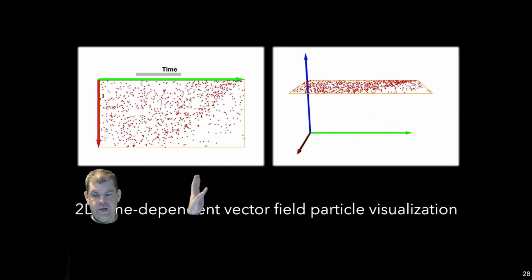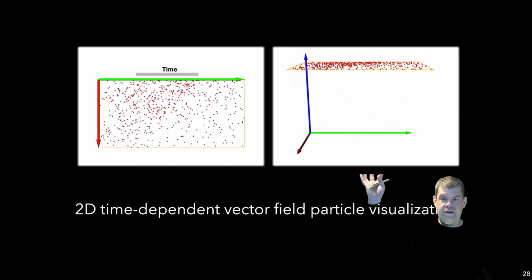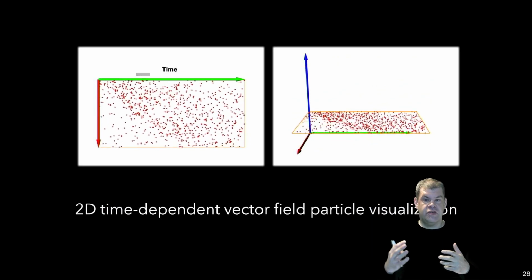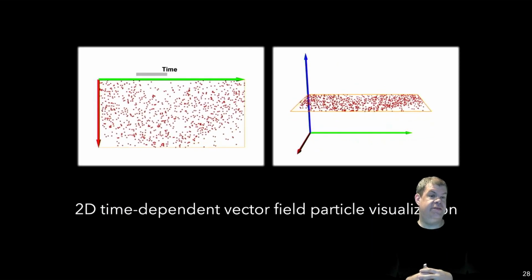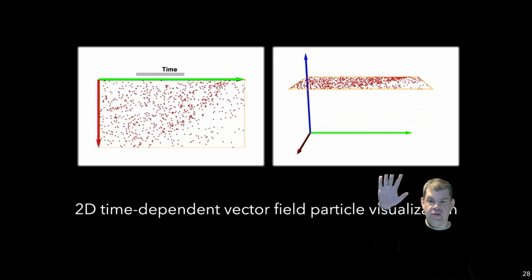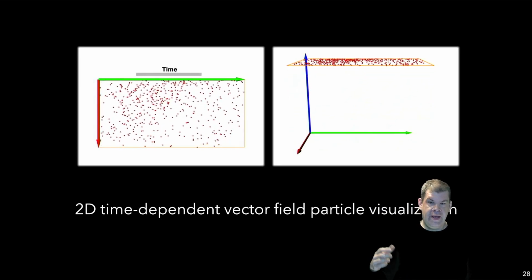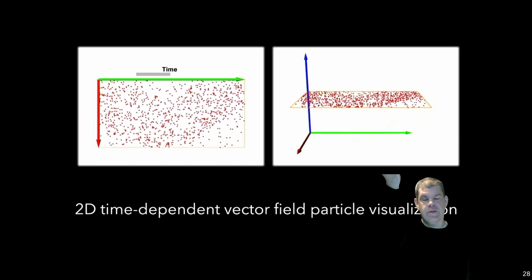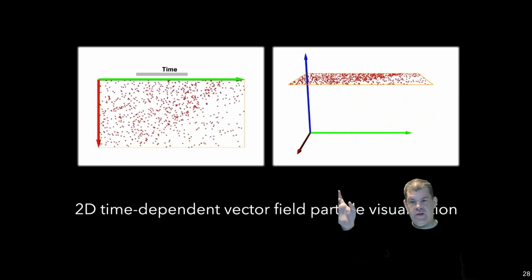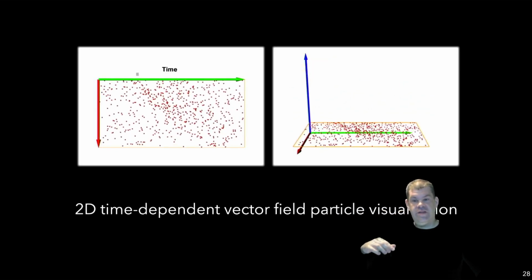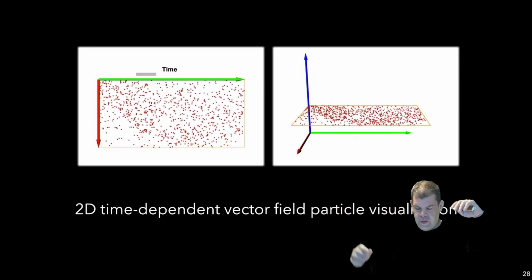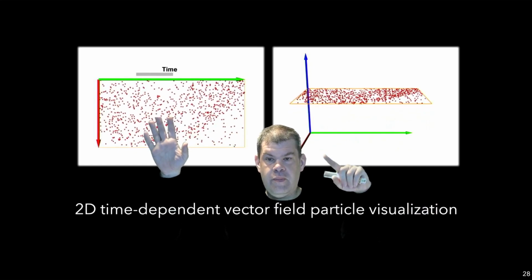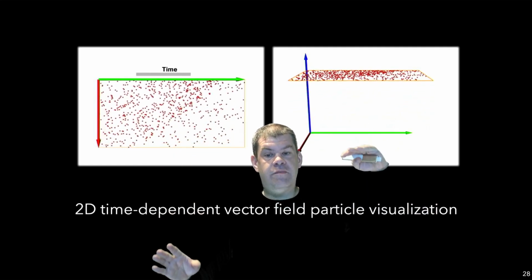What you see on the right here is kind of the same, but visualized as a time-space continuum. Here I take the two-dimensional flow field and add a third dimension to it, and that's simply time. In this case, the blue axis is time. So what you see on both images is literally the same. Each and every plane that you see here is visualized there, and you see the plane moves.